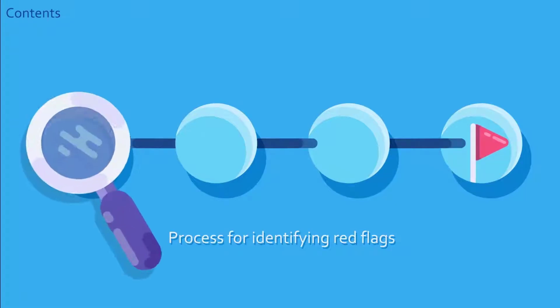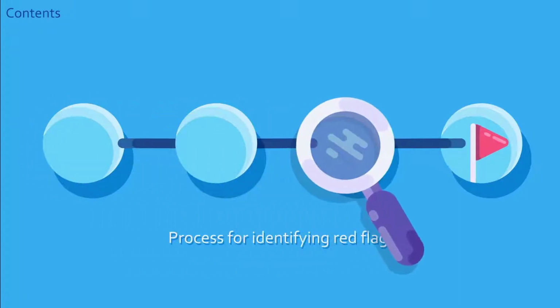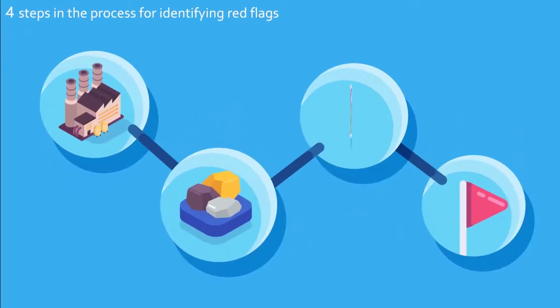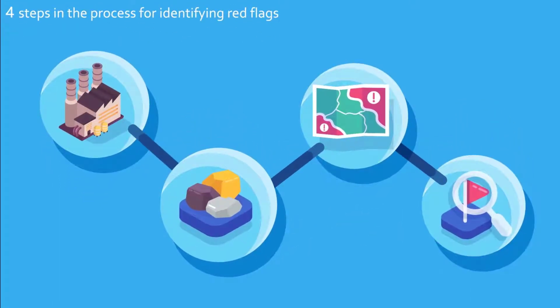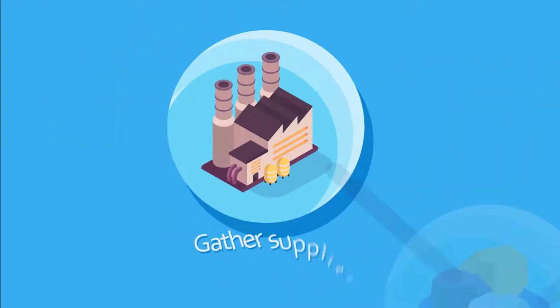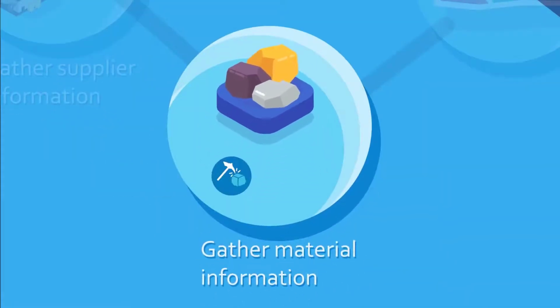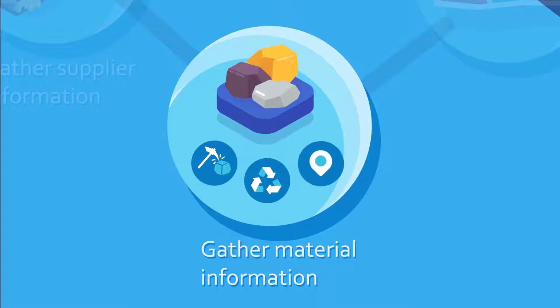That will show you how deep your due diligence needs to go. In short, there are 4 steps in the process for identifying red flags. First, you need to understand who your supplier is and what type of business they operate. Then, determine whether their material was mined or recycled, and the place where it came from if it was mined.